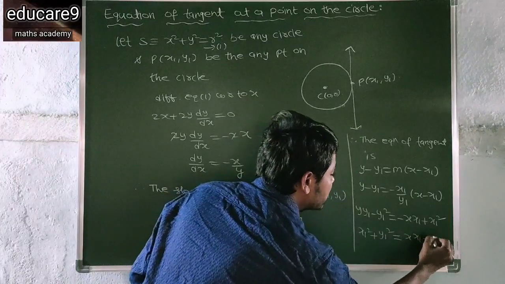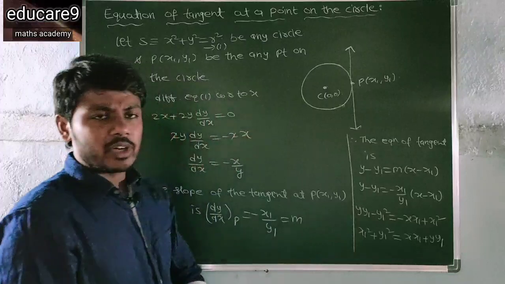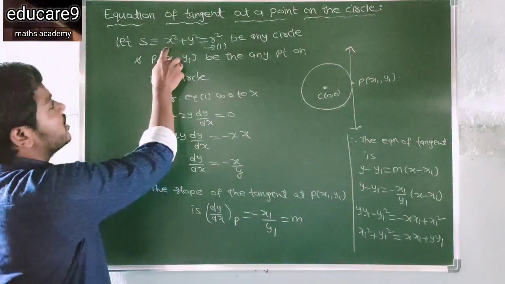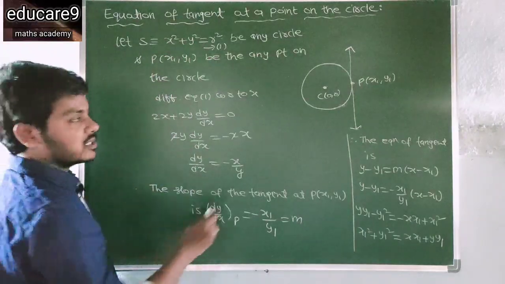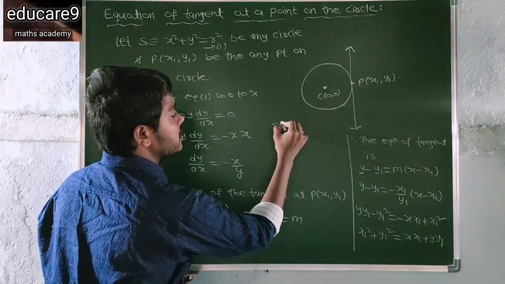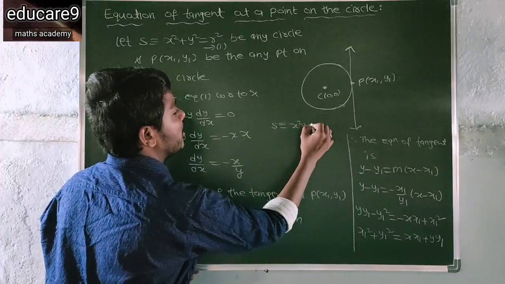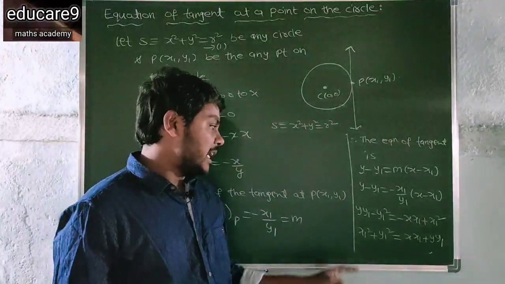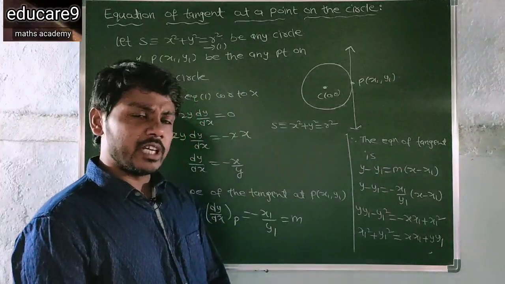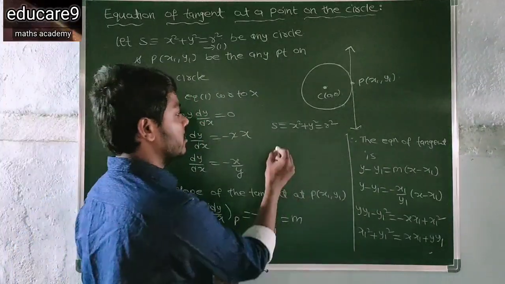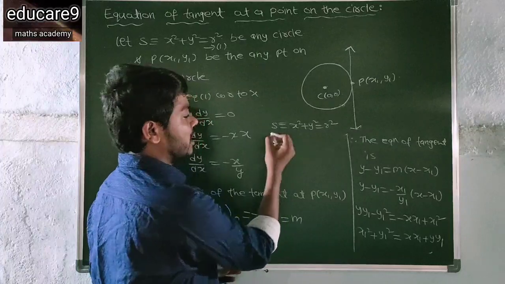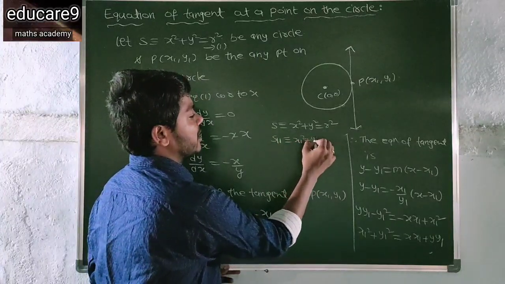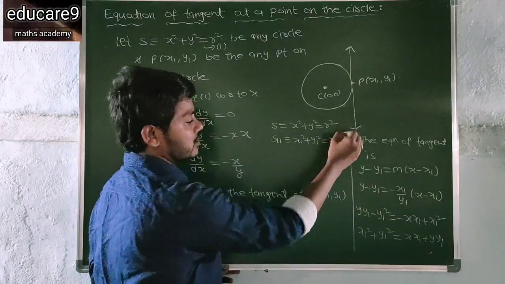See here, S is equal to x square plus y square minus r square, so S11 is x1 square plus y1 square minus r square, and x1 square plus y1 square is equal to r square.